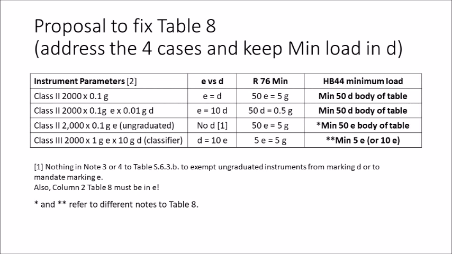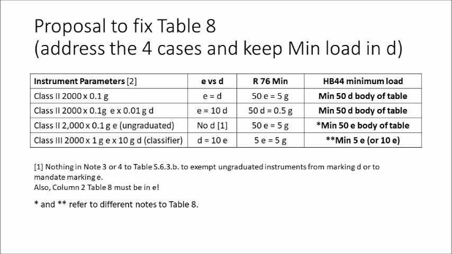Then you would need 2 exemptions. Just as R76 needed 2 exemptions, 2 are in the body of the table and 2 are exemptions. We put the high resolution and the normal resolution in the body of the table in Handbook 44. Now we'll put the ungraduated instrument as an exemption, and for this one we will say switch the table to E for these devices.